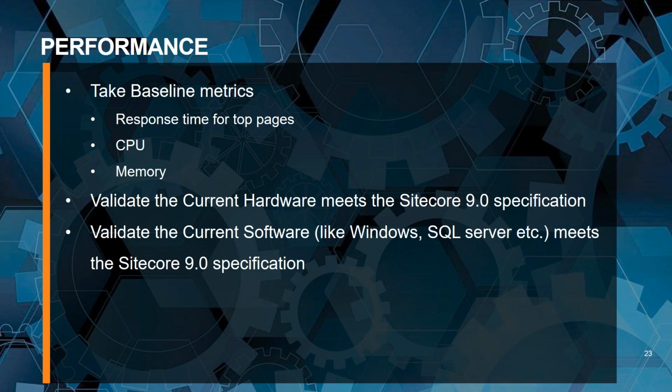If my product page takes 3 seconds, how is the page performing when 20 concurrent users are accessing the site, or 50 concurrent users? Benchmark all these metrics, so after the upgrade we can repeat the same testing and identify whether there is really a performance issue, and if so, what caused it.